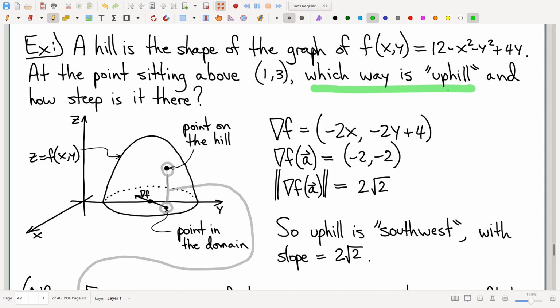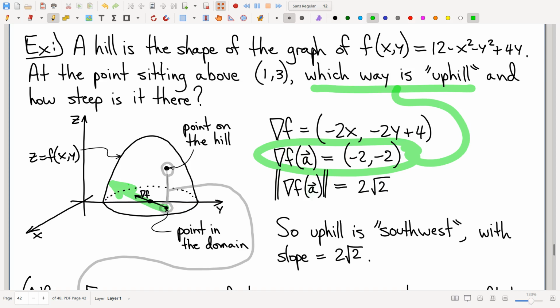Directional derivative is the thing I want to maximize, and the gradient is the way that we maximize it. So we compute the gradient, we plug in the point in question, and this then, let's see here, let me do it like this. Right? This is the direction that points uphill.